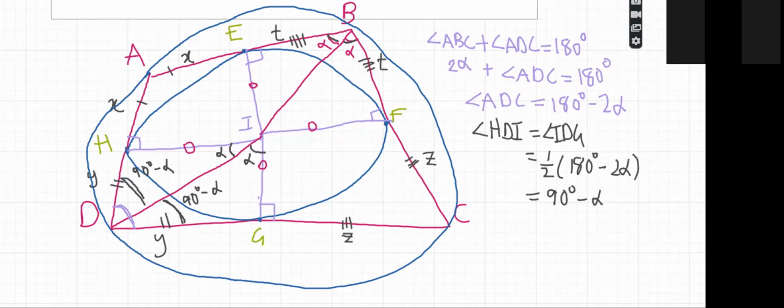Now we can see, if you have a look at the triangles, it turns out that DHI is similar to triangle IEB.